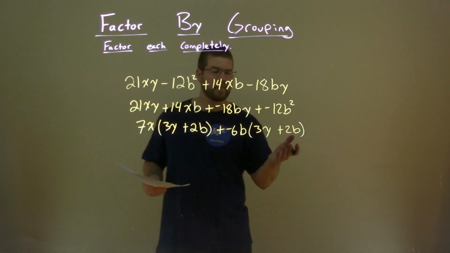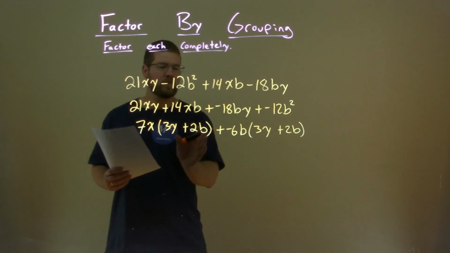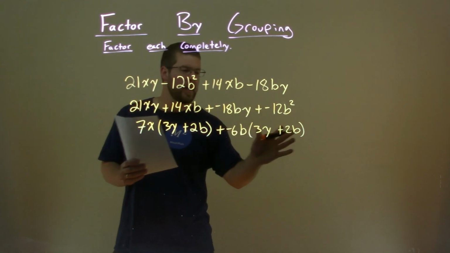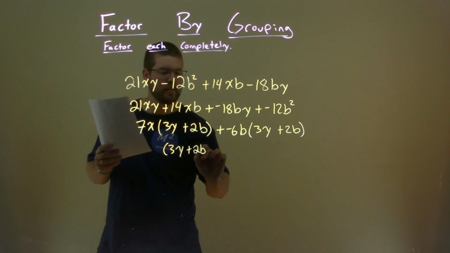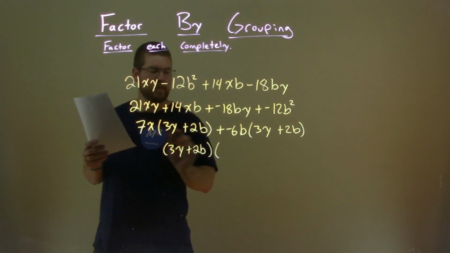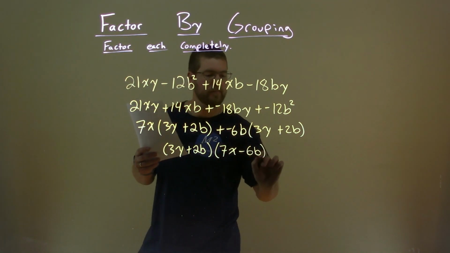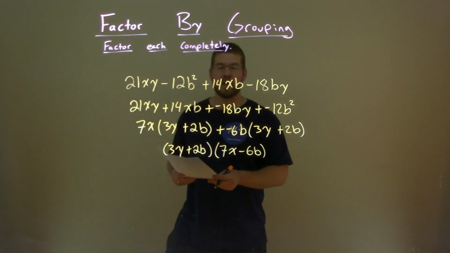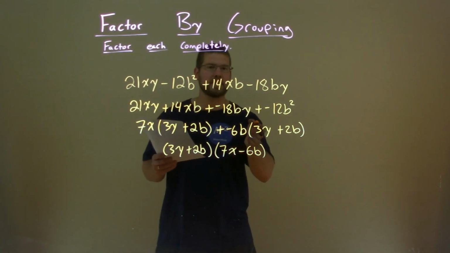Does that look familiar? 3y plus 2b and 3y plus 2b. Since there's one of them in each half, I can pull that out, and I'm left with a 3y plus a 2b here, times what's left over, 7x minus a 6b. And there we actually have our final answer, 3y plus 2b times 7x minus 6b.